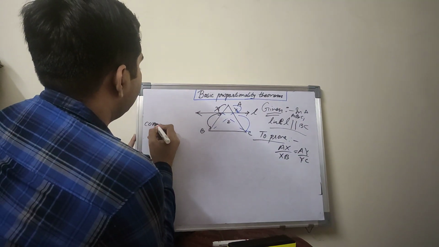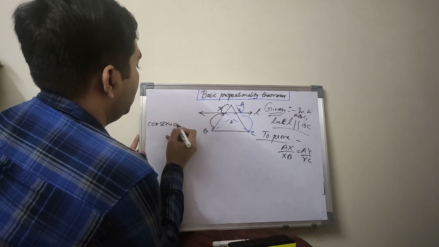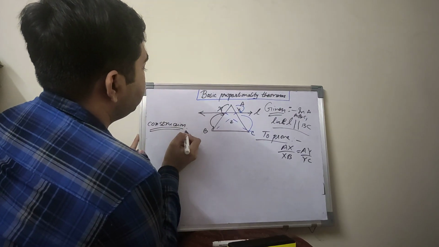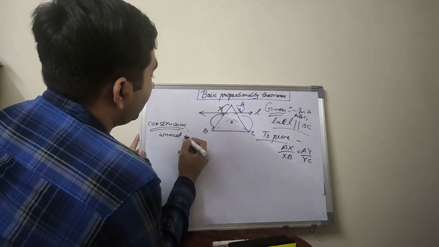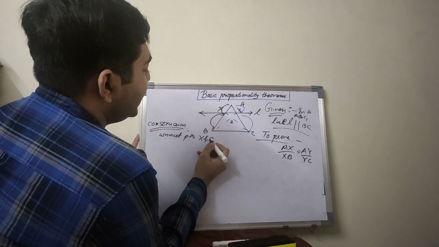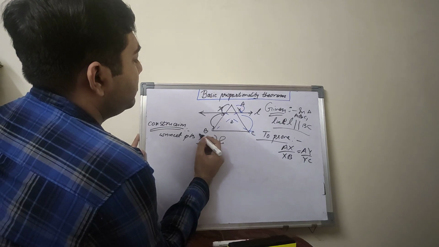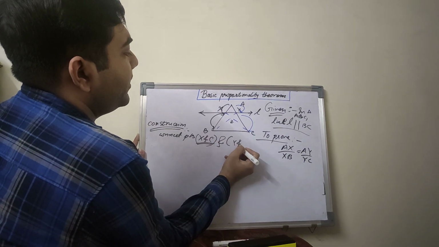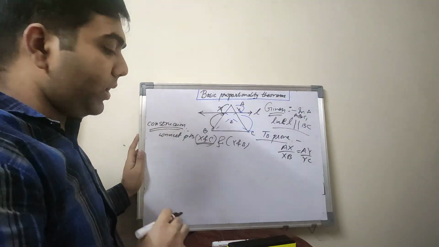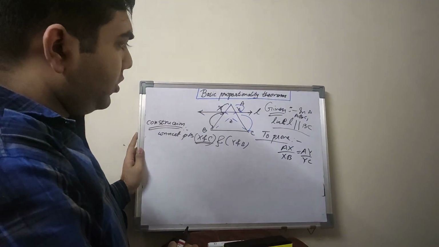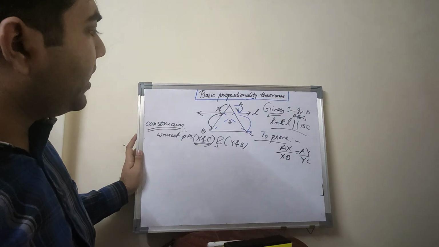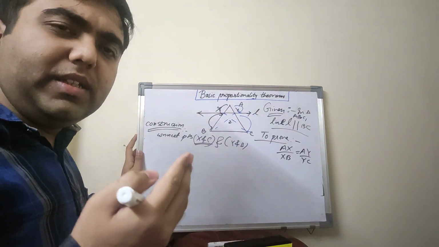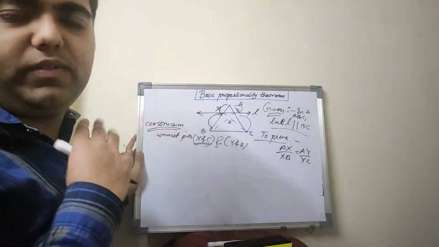So I'm going to write construction, connect points X and C and Y and B. Okay. So what I am going to get? First of all, let me just write the ratio of the areas, whichever I see.